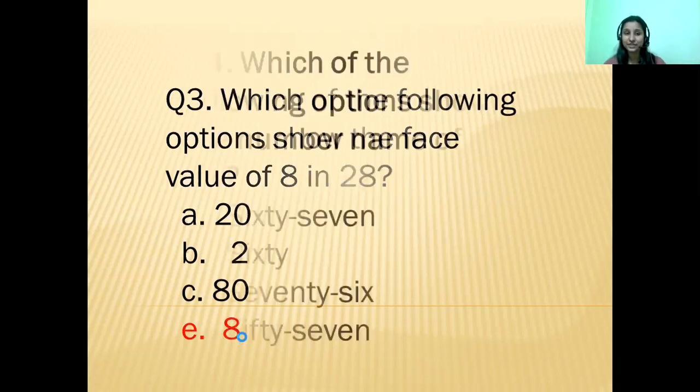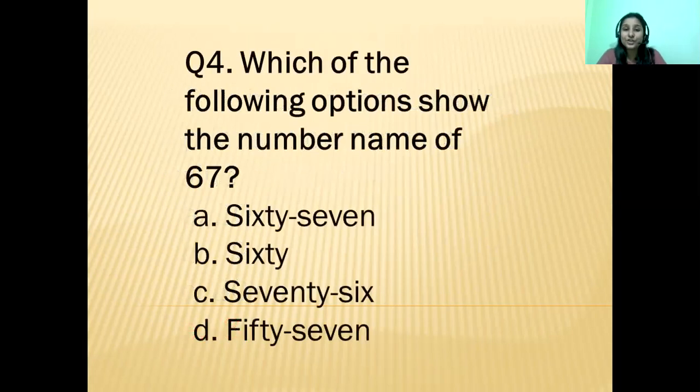Question number 4. Which of the following options show the number name of 67? That means you have to identify the number name of 67. And your options are, option A, 67, option B, 60, option C, 76, option D, 57.